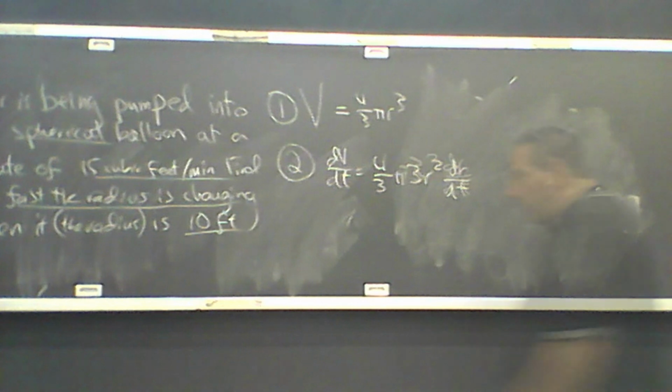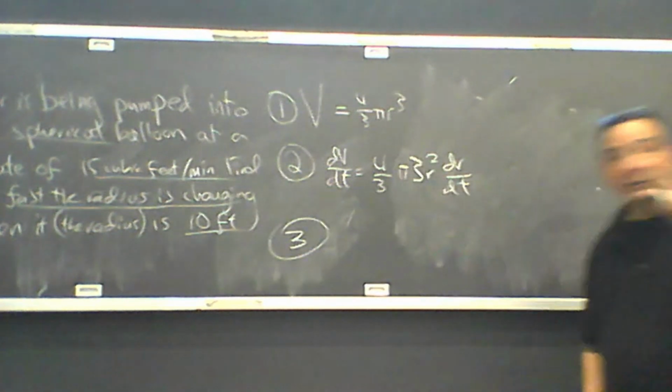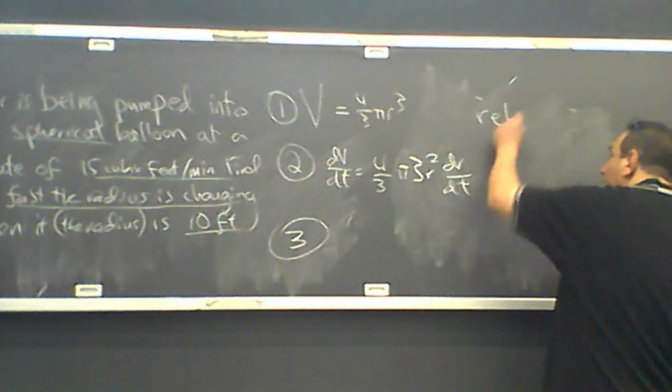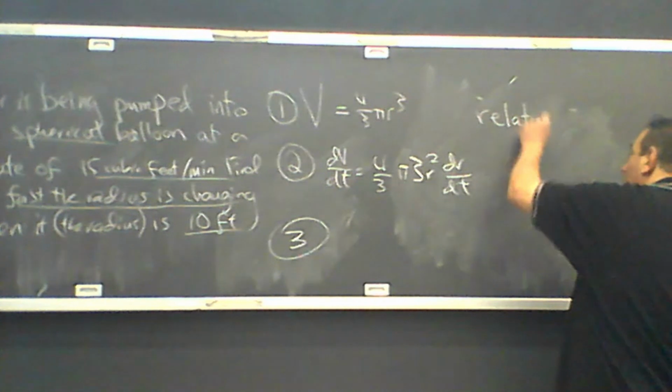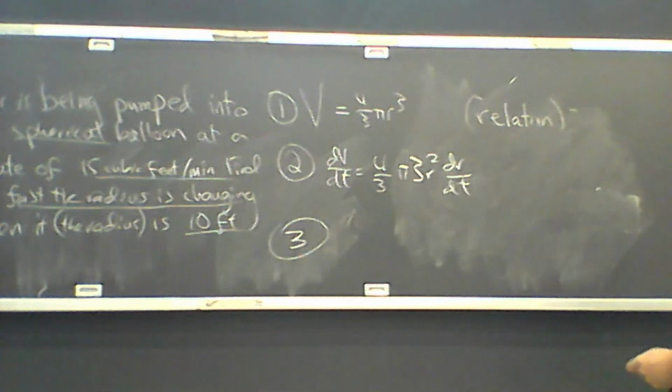All right? So that's step 2. Step 1 is you write a relation between the variables of interest. So this is a relation, right? It's actually a function, but it doesn't matter. We write a relation between the variables that matter.